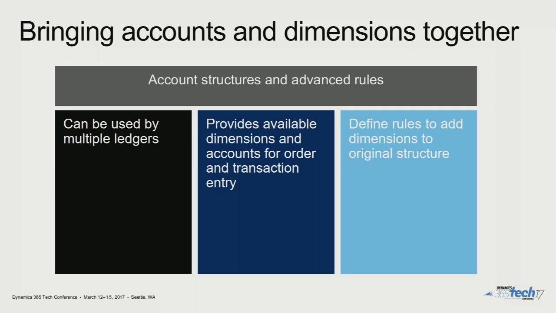And I don't think there would be any performance degradation or improvement one way or the other. It's more around the maintenance aspect and in creating a single account structure and using the rules to help add the additional values versus maintaining multiple account structures. Okay.